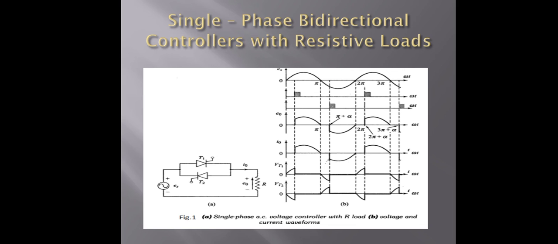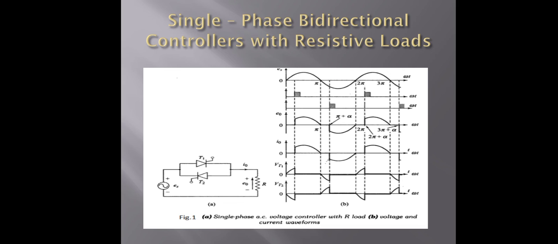In the positive half cycle, T1 controls the power delivered to the load. In the negative half cycle, T2 controls the power delivered to the load. The RMS output voltage can be controlled by varying the firing angle alpha from 0 to 180 degrees.